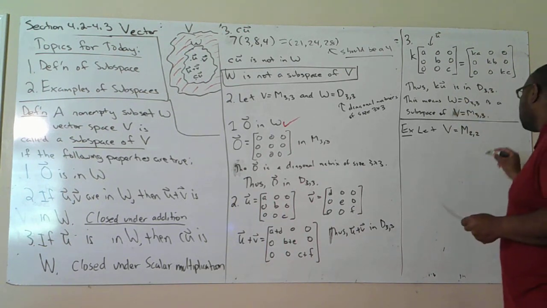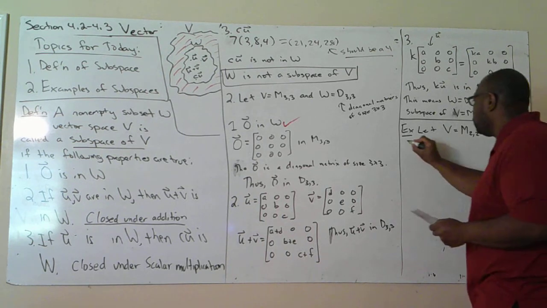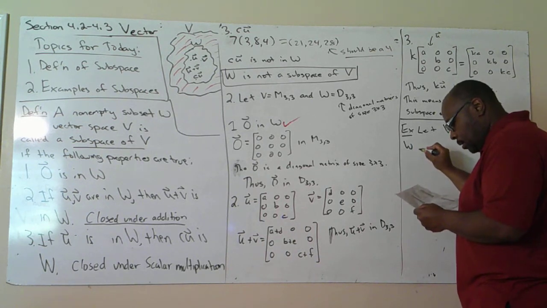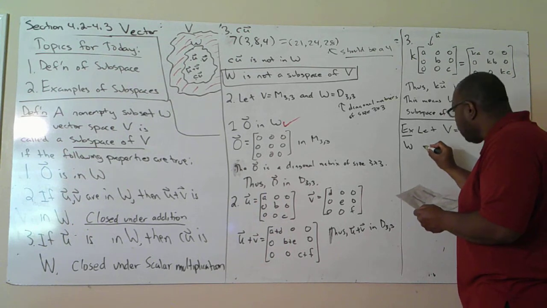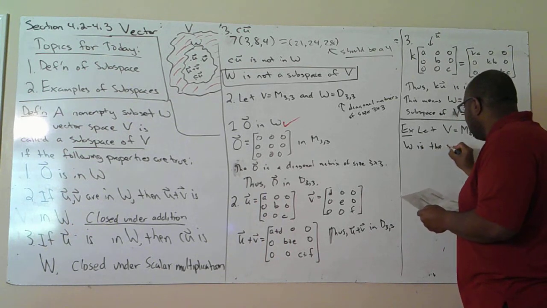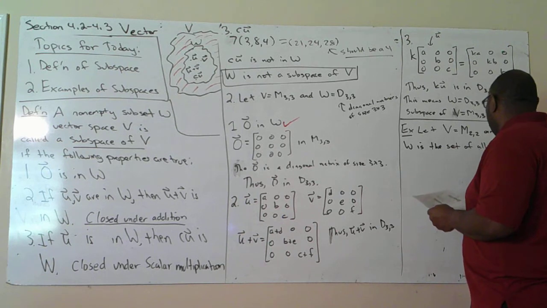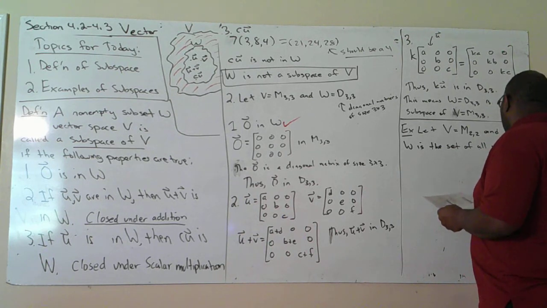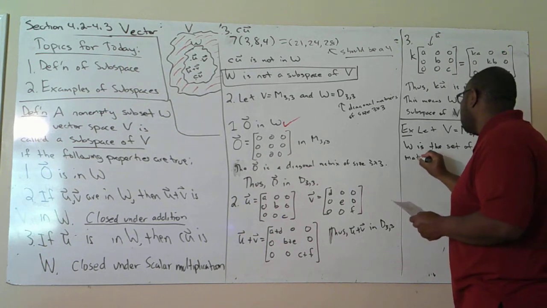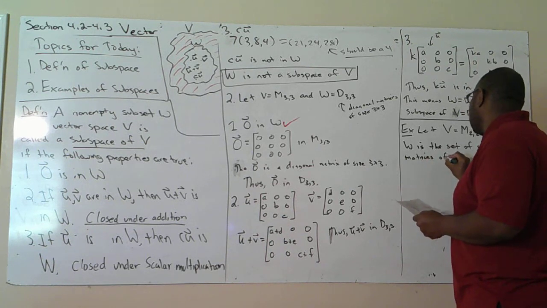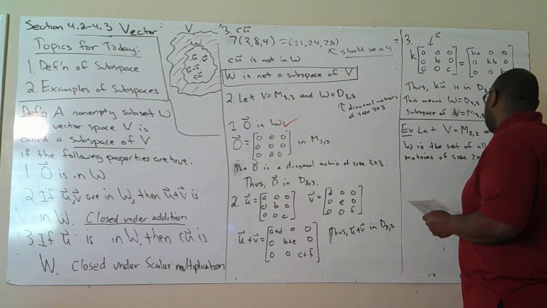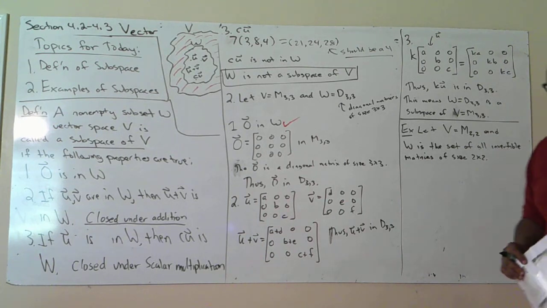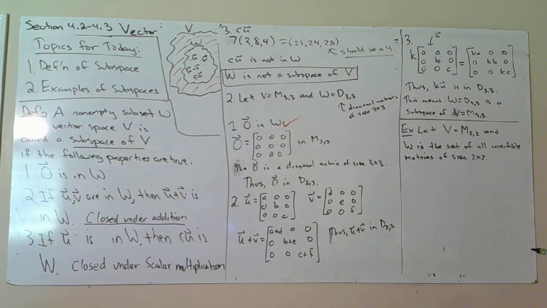And W is the set of all invertible matrices of size 2 by 2. So V equals M22, matrices of size 2 by 2, and W is the set of all invertible matrices of size 2 by 2.